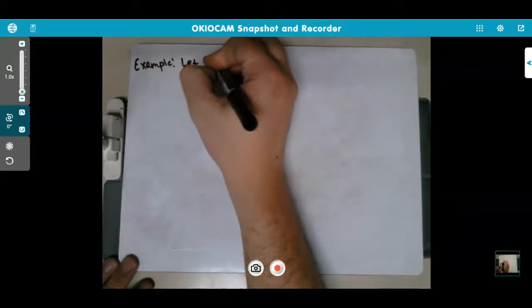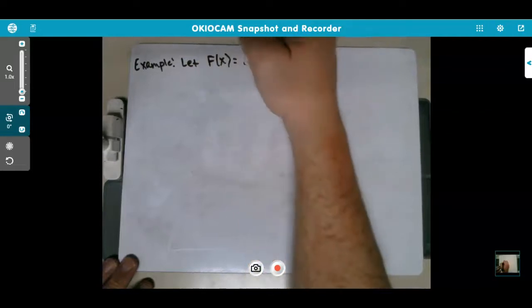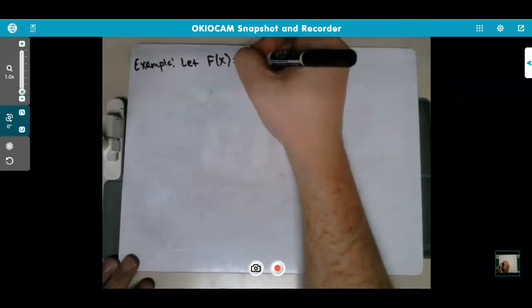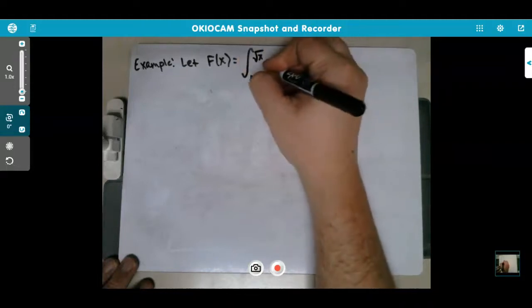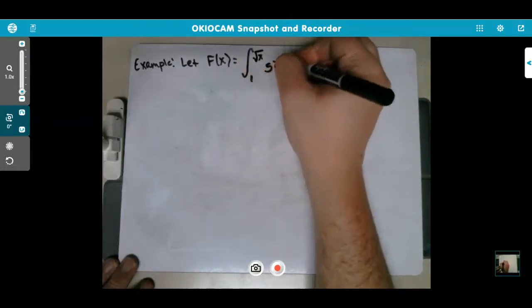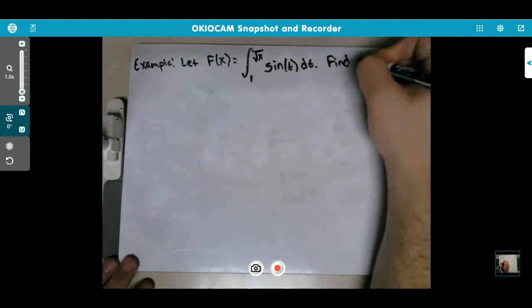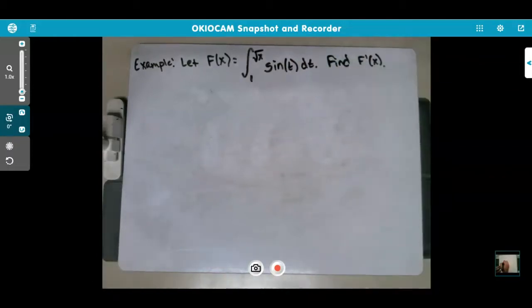Let's let capital F of x be equal to the integral from 1 to the square root of x of sine t dt. And I want to find the derivative of that. All right. This one does not have that specific form, okay?